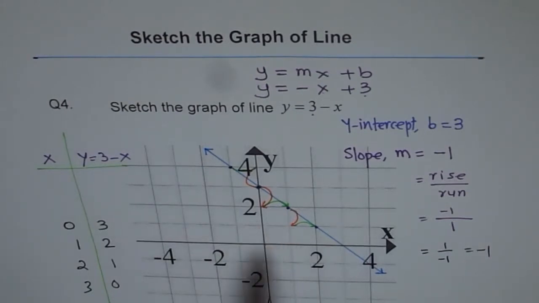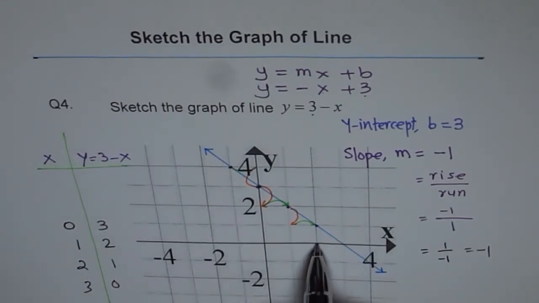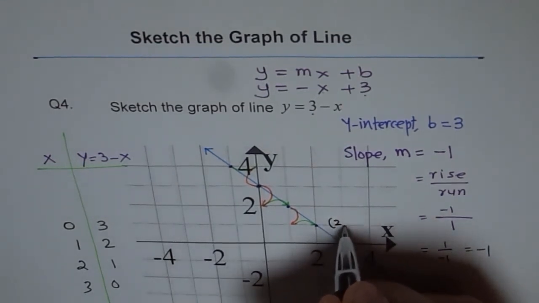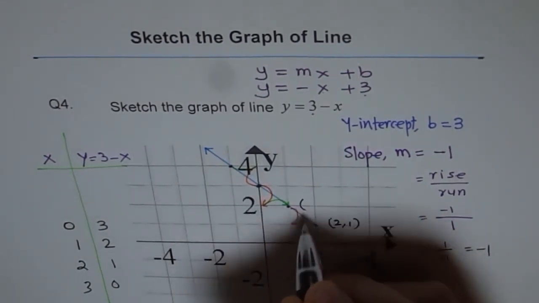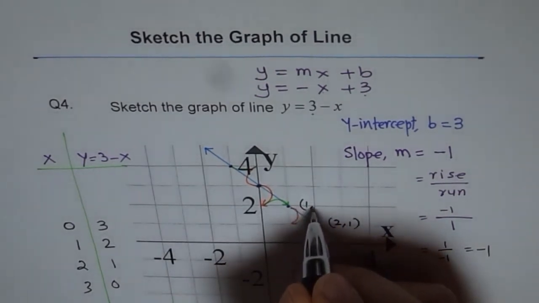And once you have those numbers, for 0, 3, you go to 0 and 3, you get the point. 1, 2, x value 1, y value 2. Next point, 2, 1. So x coordinate is 2 and y is 1. You get the next coordinate, right? So this coordinate for us is 2, 1, correct? This coordinate is 1, 2, right?